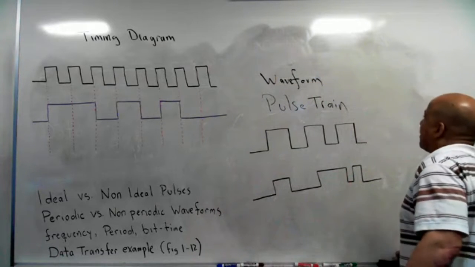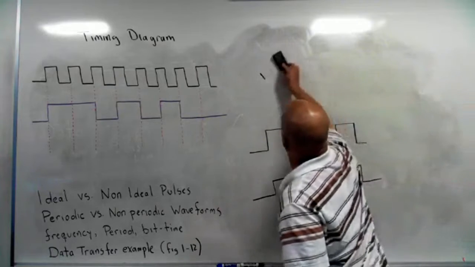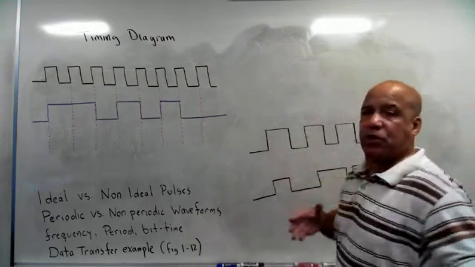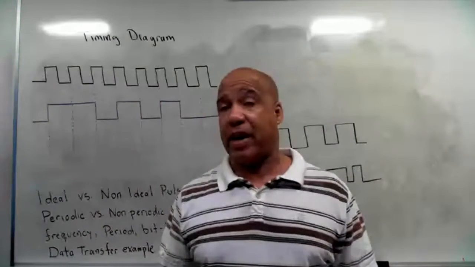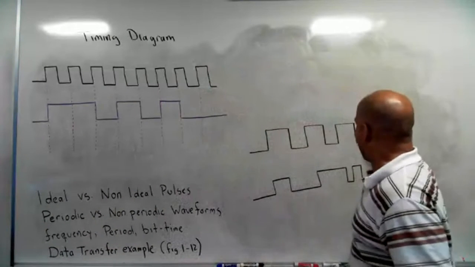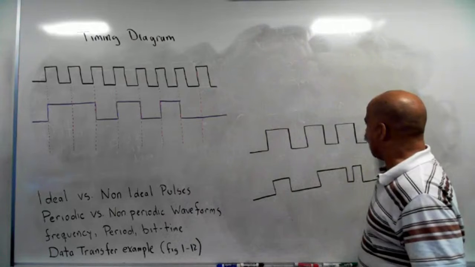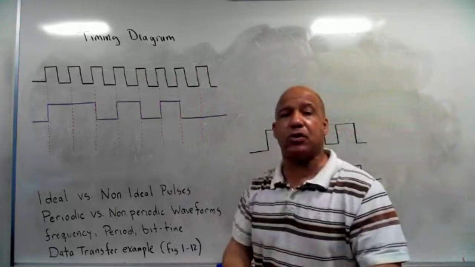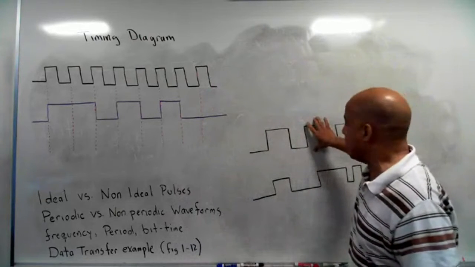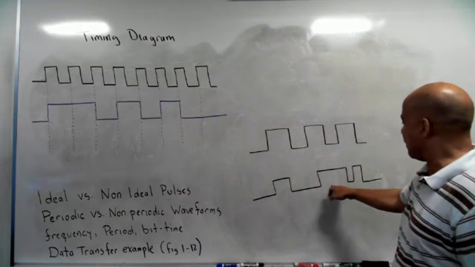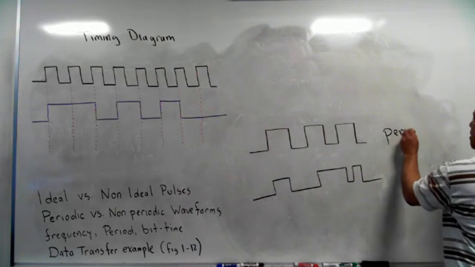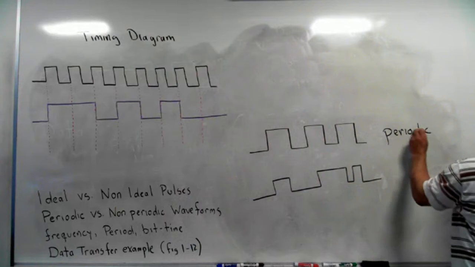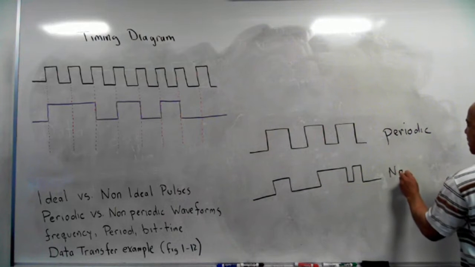So the first thing to understand about waveforms, and again, we're talking about waveforms because this is going to help us to move ones and zeros around inside of our devices or outside of our devices: if I have a waveform that repeats itself at regular intervals, we call that a periodic waveform. If it does not repeat, non-periodic. So this one right here is periodic, and this is non-periodic.